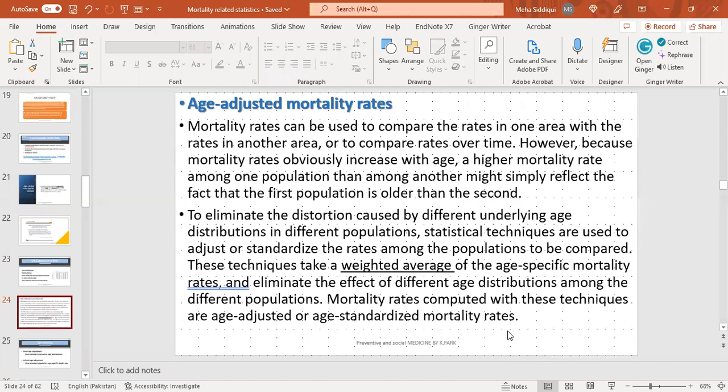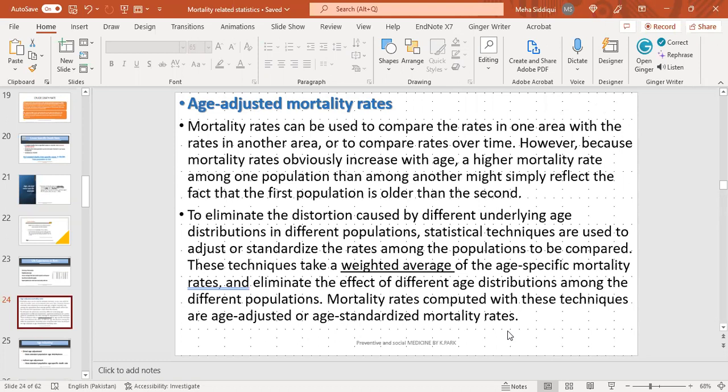Age-adjusted mortality rates. Mortality rates can be used to compare the rates in one area with the rates in another area or to compare rates over time. However, because mortality rates obviously increase with age, a higher mortality rate among one population than among another might simply reflect the fact that the first population is older than the second.